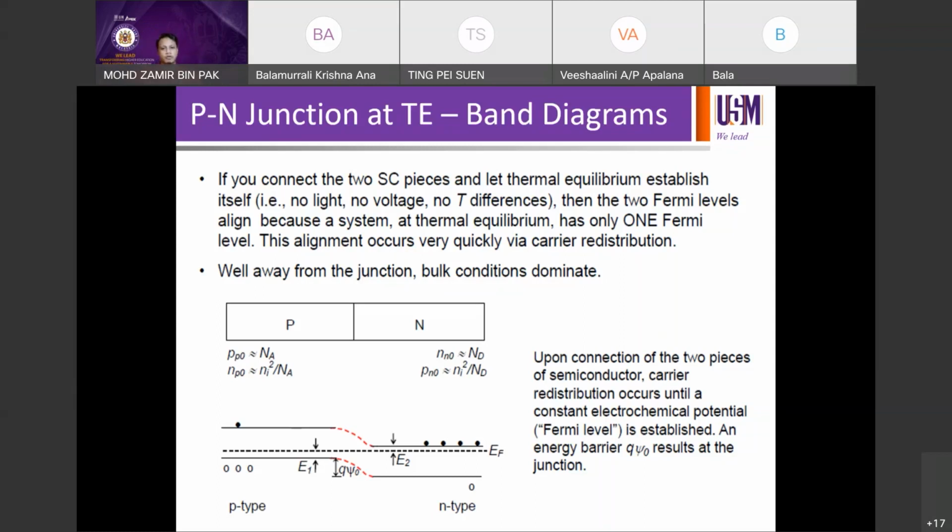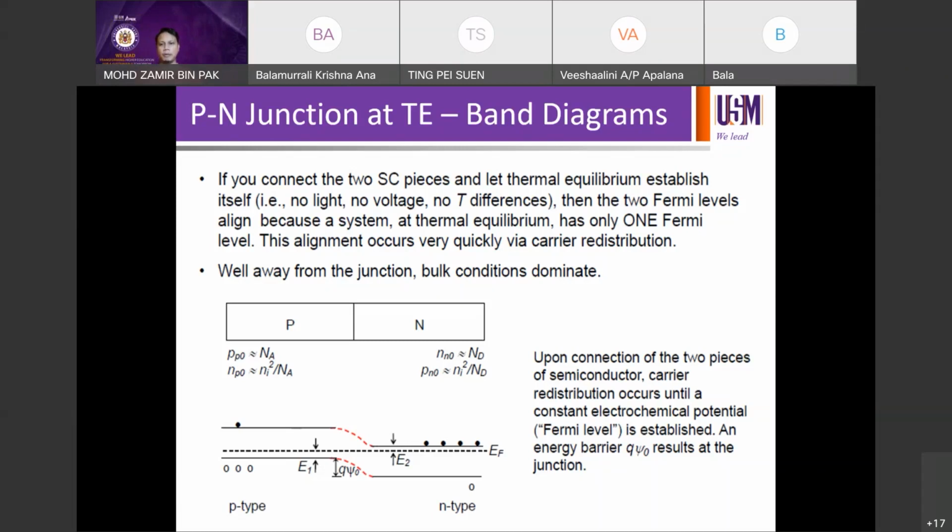So if you look at this schematic diagram down here, the EF is originally below on the P side and originally on top for the N side. But the moment you have brought them together, diffusion has taken place, and eventually diffusion stops, you are going to have a single EF within this PN junction material.